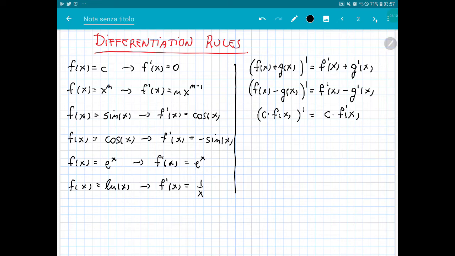Now on to more complicated formulas. For the product, it's not as simple as taking the product of the derivatives, but there's a special rule called the product rule. This is telling you that the derivative is obtained by doing f prime of x times g of x plus f of x times g prime of x.